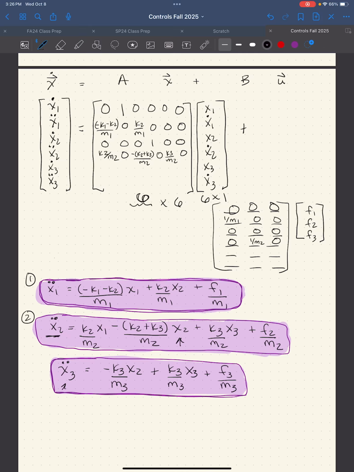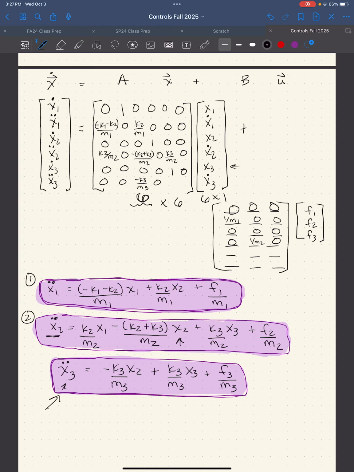Okay, X3 dot is a state. It's the penultimate state or the next to last state. So 1, 2, 3, 4, 5, 6. And then x3 double dot needs to result in this equation. So we have no x1s, no x1 dots. x2 is minus k3 over m3.